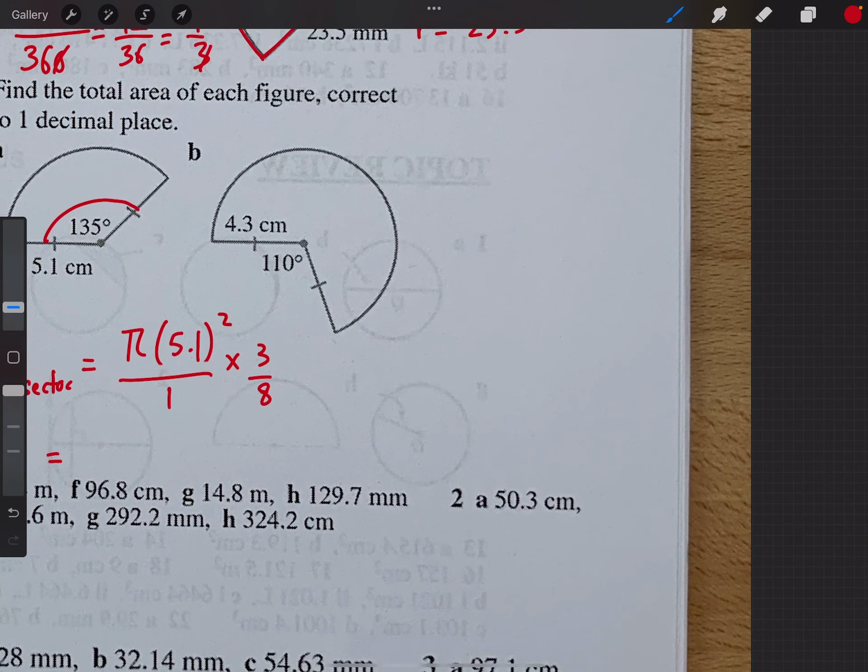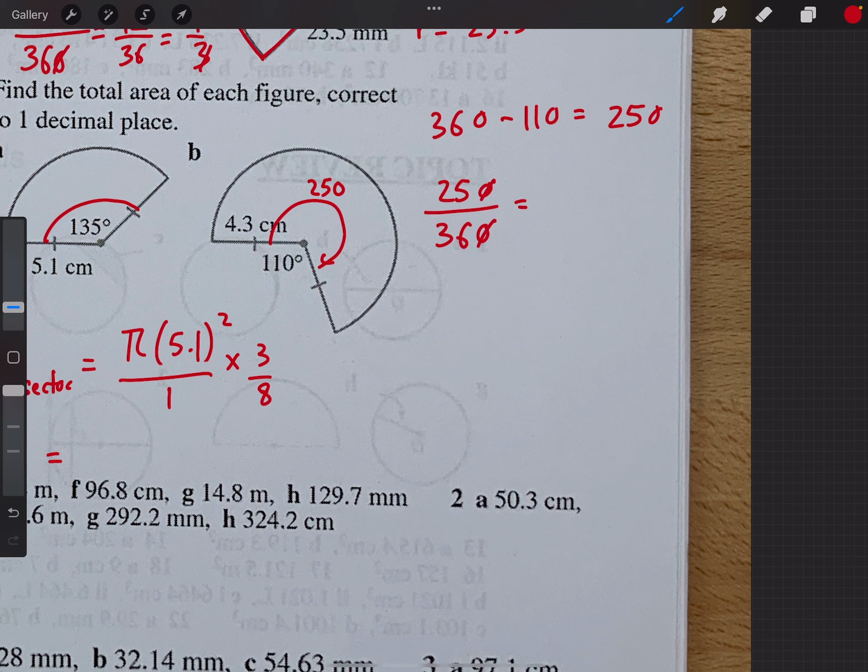Now let's find out what fraction of a circle this is. So 360 take away 110 gives me 250, I believe. So this angle is 250. So 250 over 360. See what fraction of the circle this is. So you get 25 over 36.